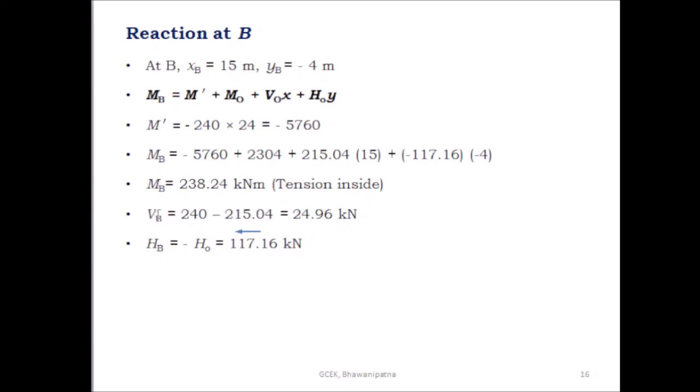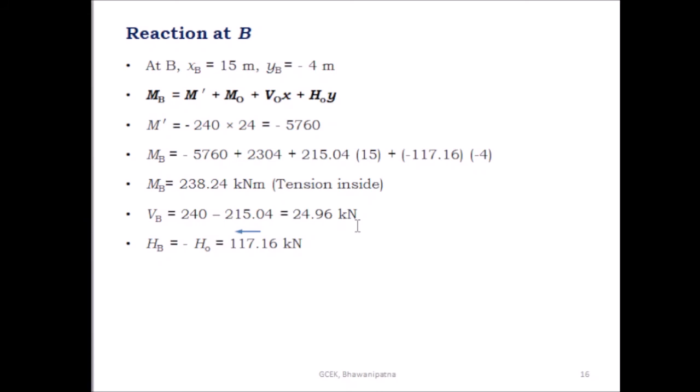So for the vertical reaction at B, the summation of vertical forces is equal to 0. So VA plus VB is equal to the total downward load, which is 240. Then you can find VB is equal to 240 minus VA. So 240 minus 215.04 is equal to 24.96 kilonewton. This is the vertical reaction at B.